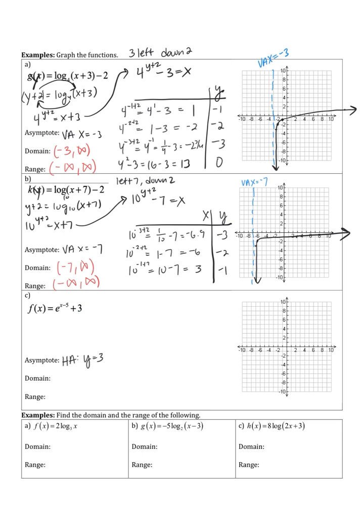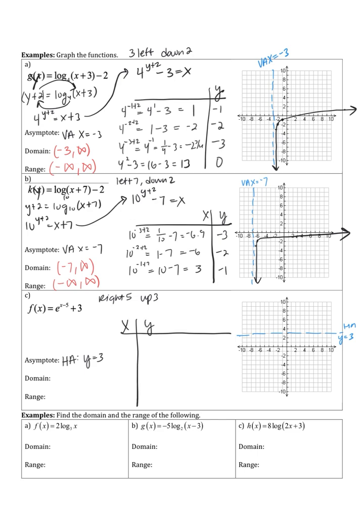And I know that my parent graph here has shifted right 5 and up 3. Let's go draw in the horizontal asymptote at 3. And now let's pick some x values to plug in and get our y values.